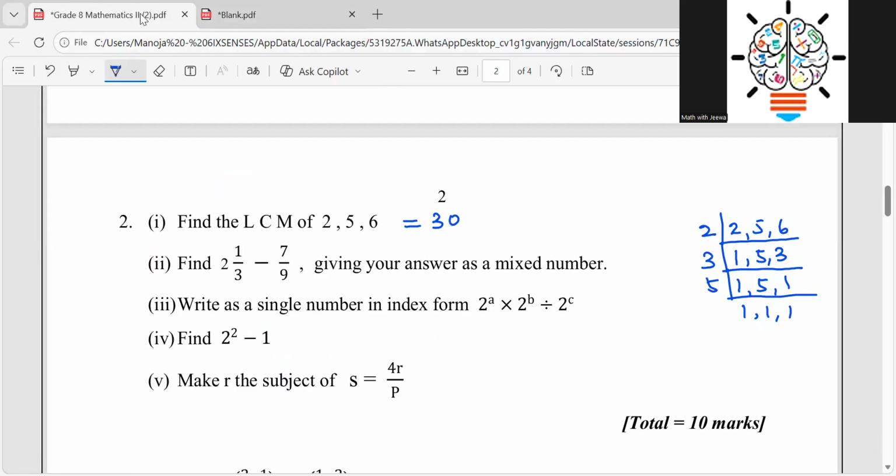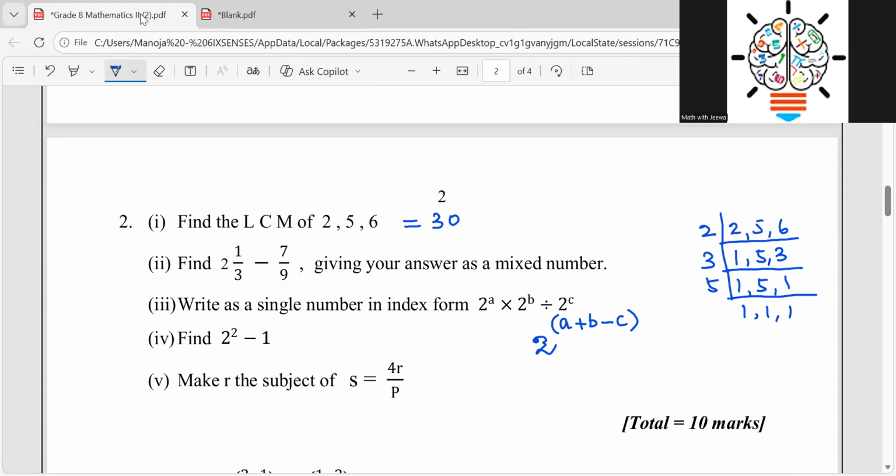So then the next one, write as a single number. In these index numbers, the base is 2. So then you write 2 to the power A plus B minus C. You are not asked to simplify and get the value.